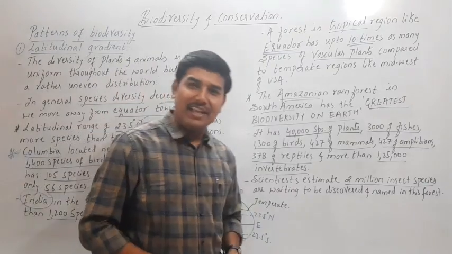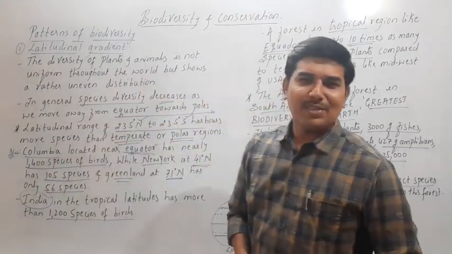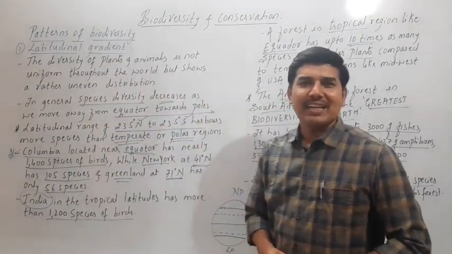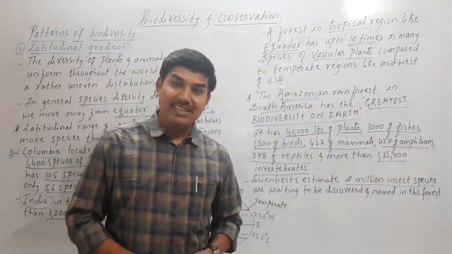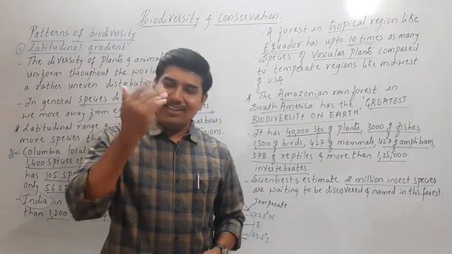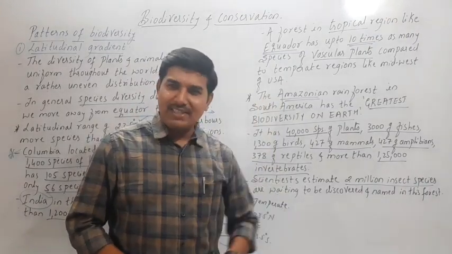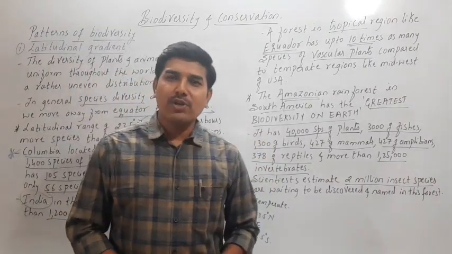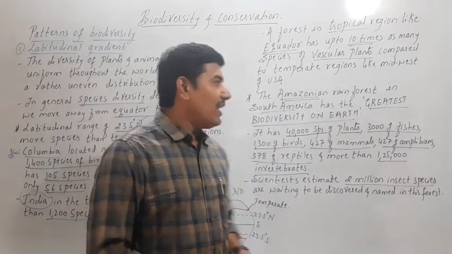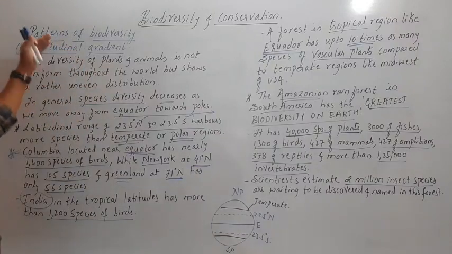This is nature's beauty, because these species are present in nature. We have not created them. They have been produced by the process of evolution, which you will study in the topic called evolution. So this is regarding the characters we are going to study with respect to the latitudinal gradient, with respect to the patterns of biodiversity.